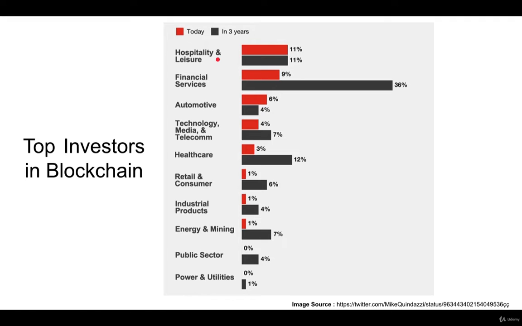There is a good amount of investment happening in hospitality, leisure, financial services and automotive, and a little less in the other sectors. But a hefty 36% growth is expected in the next 3 years in financial services, and some in healthcare and even in leisure services.